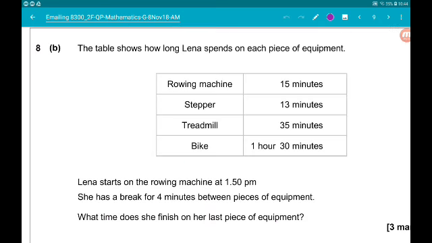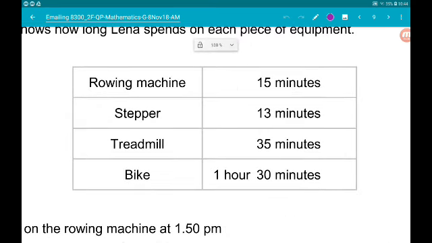Part B. The table shows how long Lena spends on each piece of equipment. So, on the rowing machine, 15 minutes. 13 minutes on the stepper. 35 minutes on the treadmill. And 1 hour, 30 minutes on the bike.